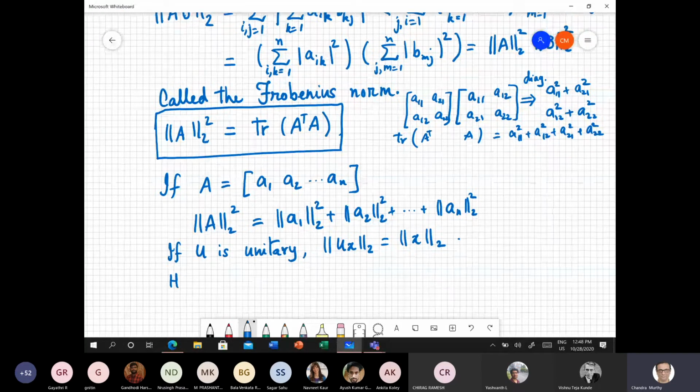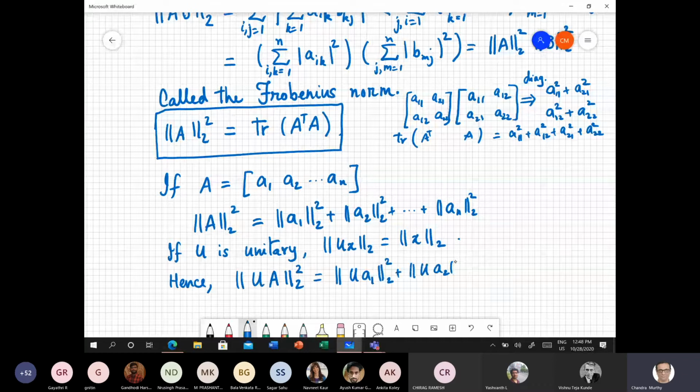So we have that if I take the norm of U times A squared, then by using this formula here, it is equal to the L2 norm squared of UA1 plus the L2 norm squared of UA2 plus etc. plus the L2 norm squared of UAN. So now I'm using the column view of matrix multiplication.